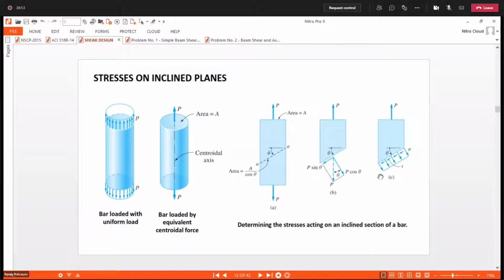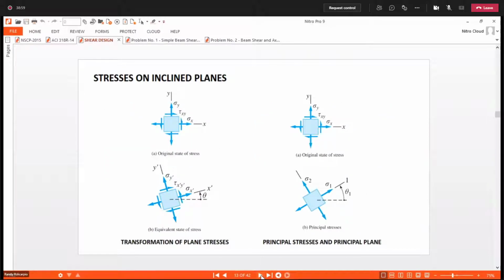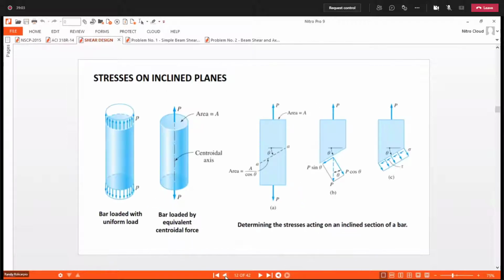Again, look at the behavior here when the plane is inclined. It is still the same for our normal stress and shear stress.